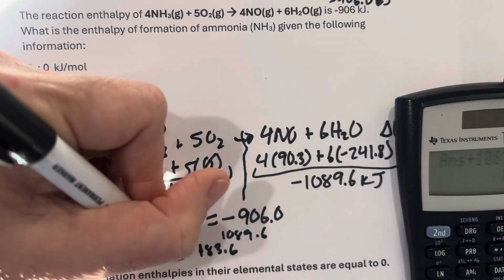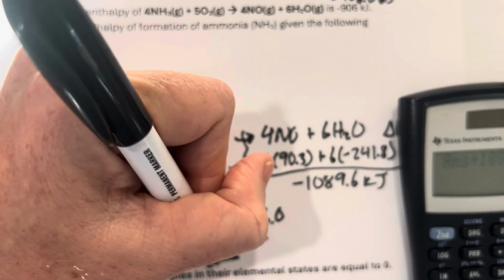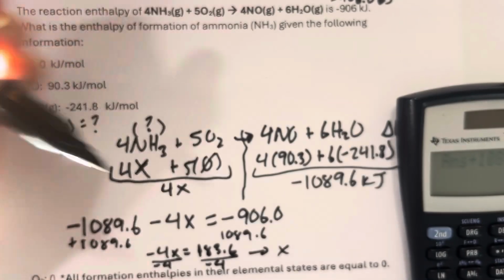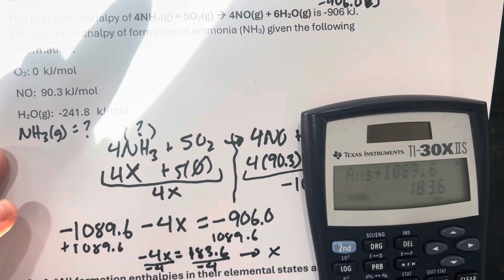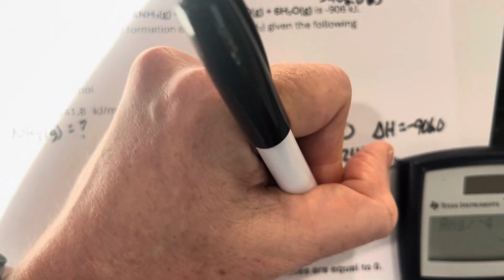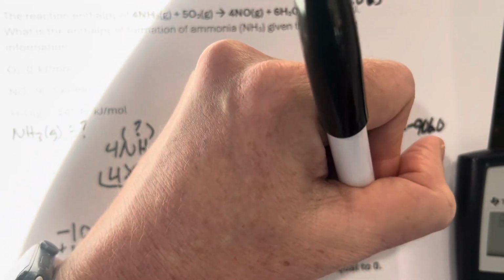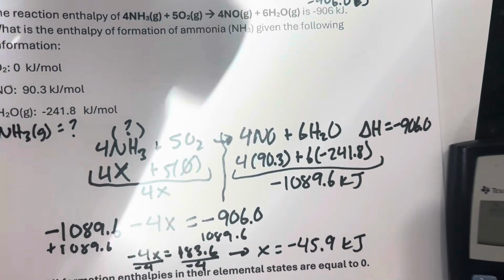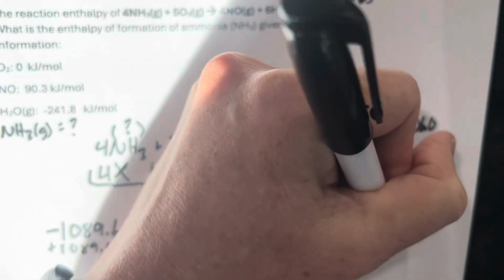Now we just divide each side by negative 4. And that cancels out the 4's. And I find x equals negative 45.9 kilojoules, which is fantastic because that was what we got on the previous page.